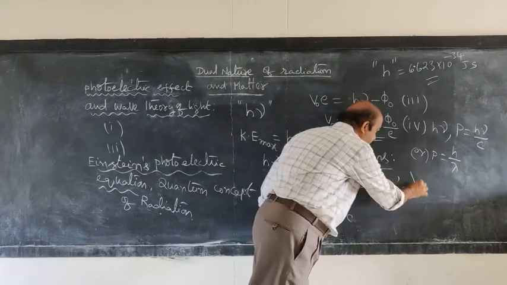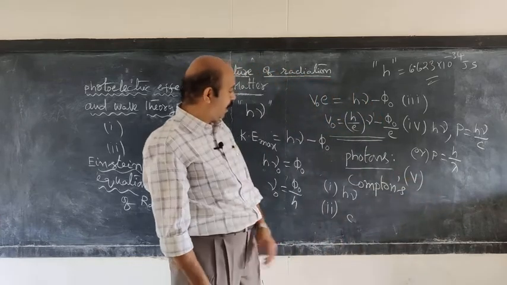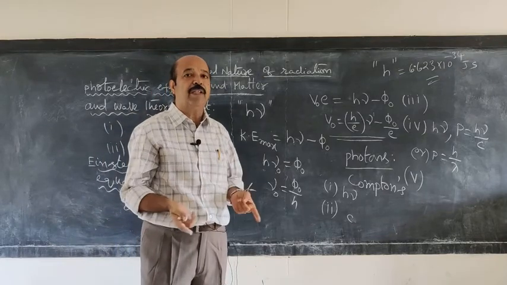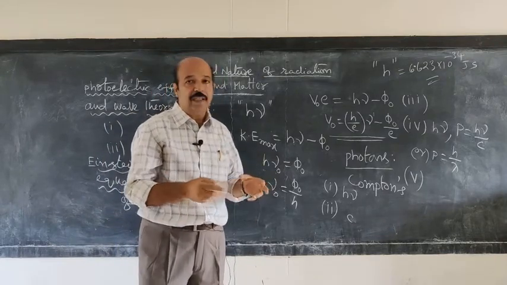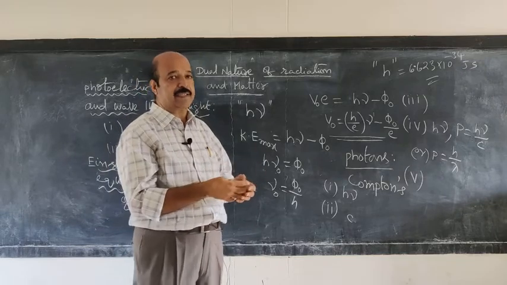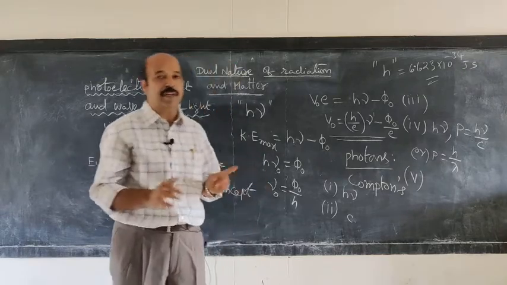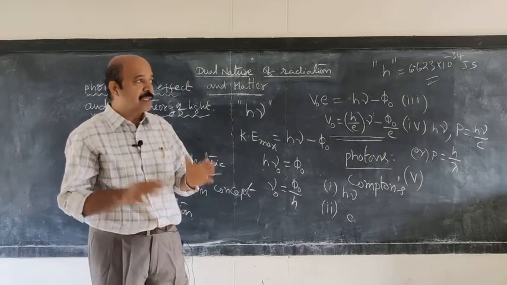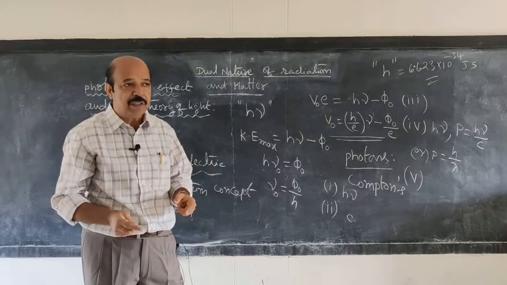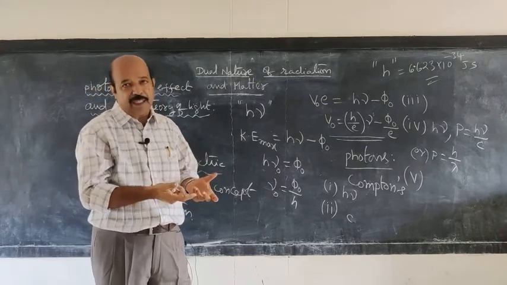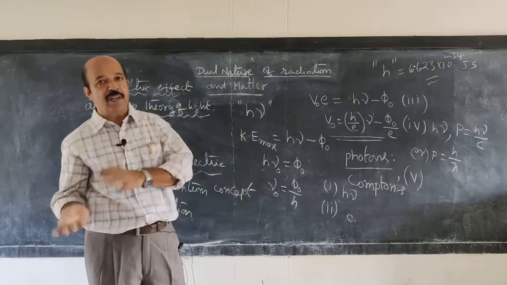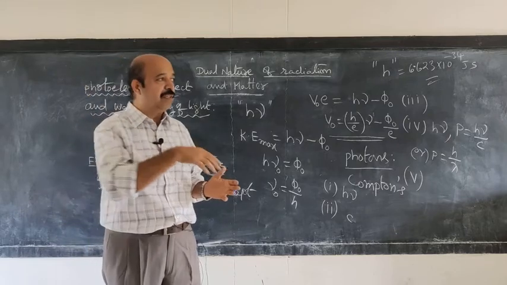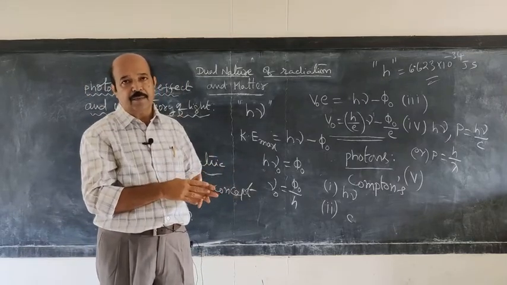There is another important characteristic about photons: the total energy and momentum of photons are conserved in any interaction. When they interact with particles like electrons, their total energy and momentum are conserved, but their total number is not conserved, because there are some nuclear processes in which annihilation of matter particles takes place and photons are generated in their place, or a photon may get converted into mass particles.